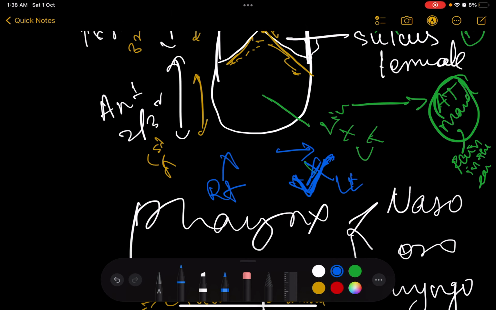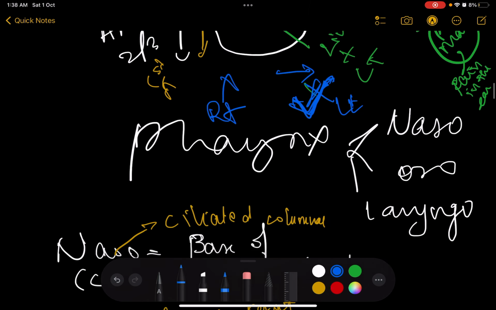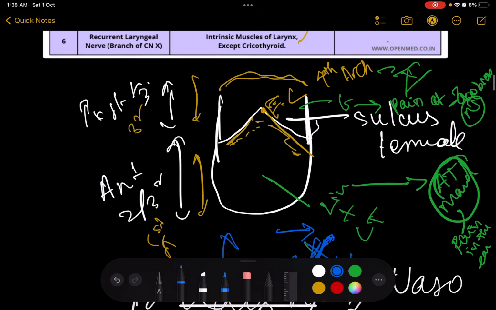The tongue is going to deviate to the weaker side. So if left is paralyzed, that means the muscles of the left are weakened, and the tongue will move towards the weak side, that is the left side. That's where the deviation of the tongue would be.